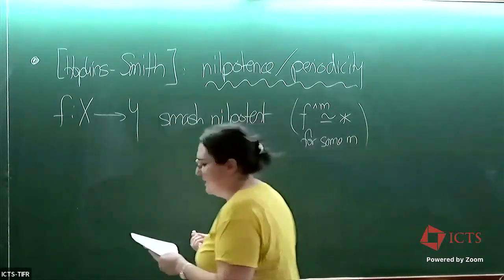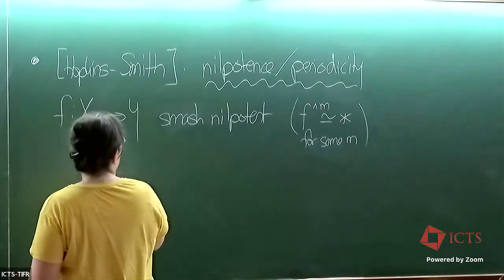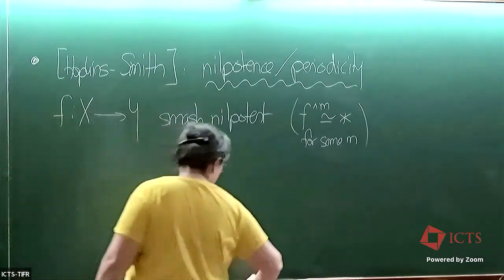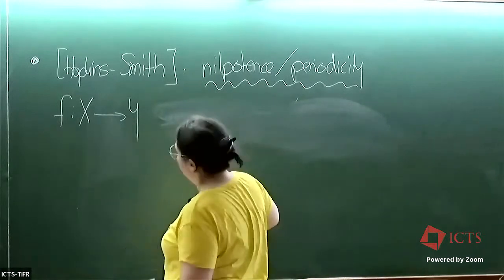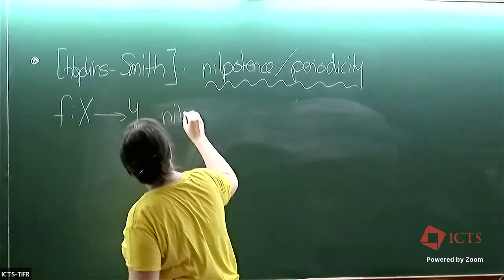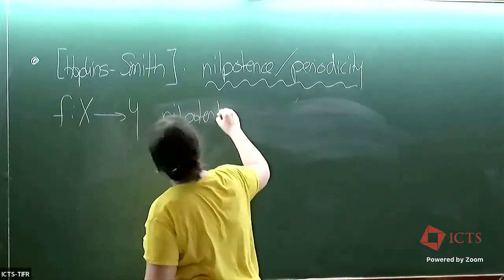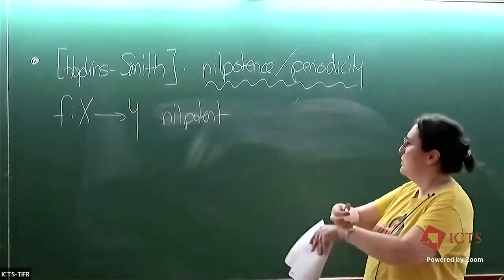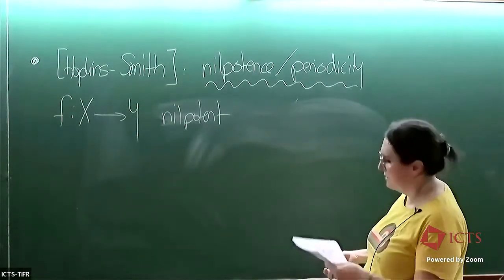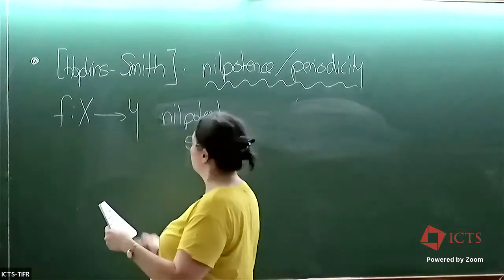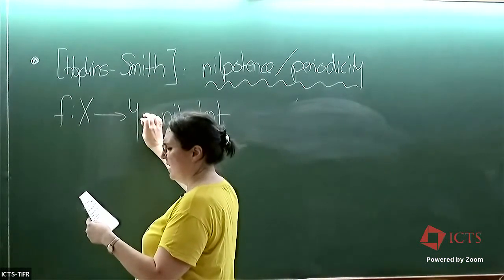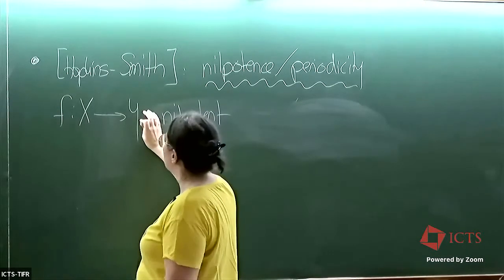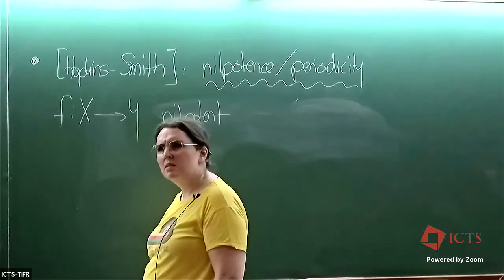But one would really like to talk about just nilpotence. So let's leave that out, nobody cares about that. So let's just do nilpotence. So a map of spectra will... do I really want X to Y, or do I want X to be a self map?